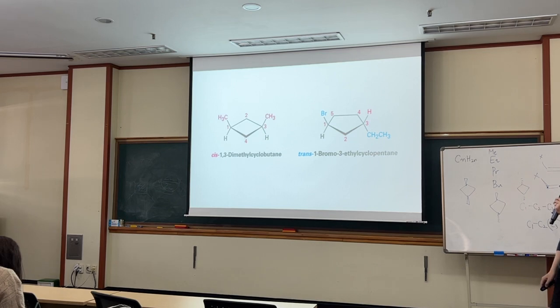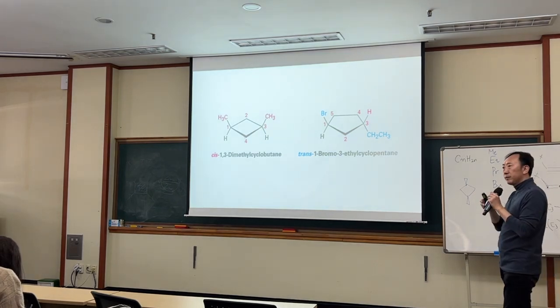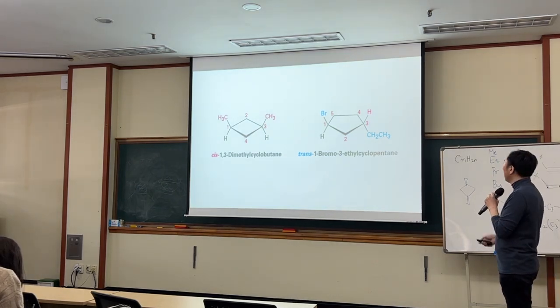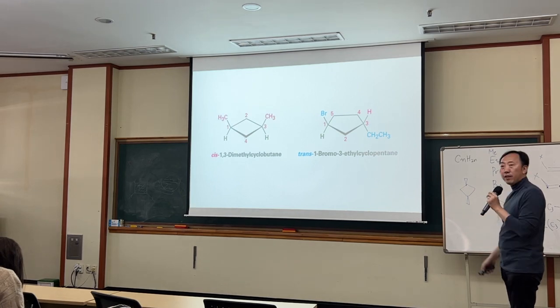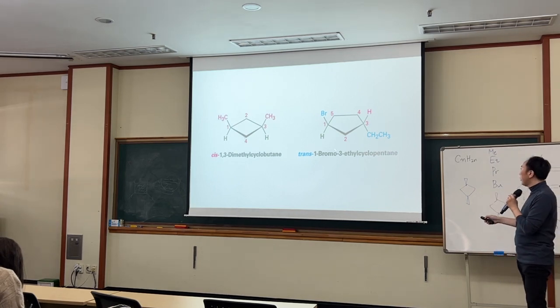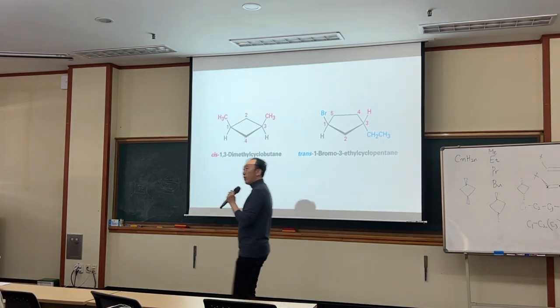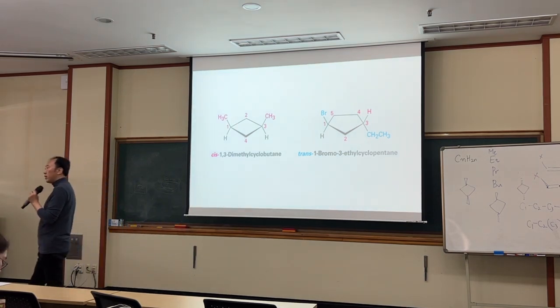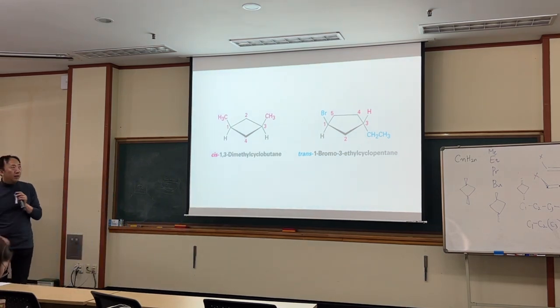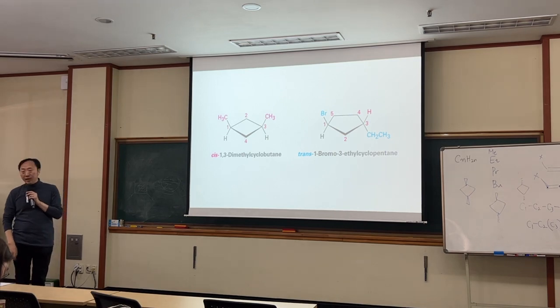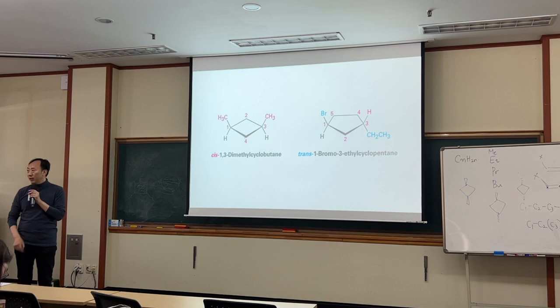Now, based on that, we should look at this one. 1,3 position, cyclopentane, and naming-wise, bromo versus ethyl, bromo wins. So bromo comes first: 1-bromo-3-ethylcyclopentane. Structure-wise, this one and this one are on opposite sides, so we name it trans. Usually when we compare cis and trans, we compare the same motif. Here, methyl. In this case, maybe the fair way is to compare the proton.